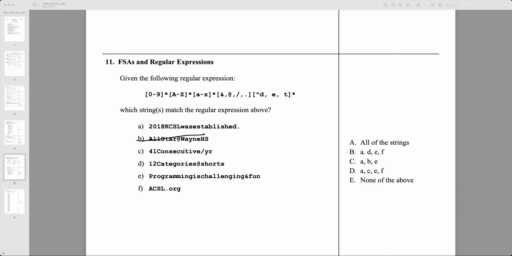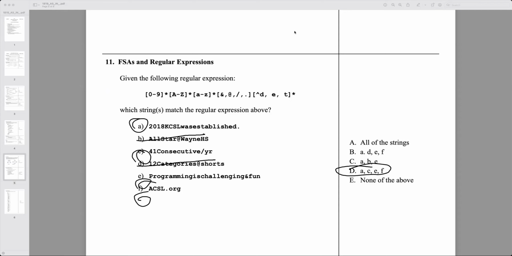Let's see if I missed anything else. We see the last letters cannot be D, E, or T. So let's see which ones have D, E, or T after the symbol. There's that one. After the symbol, there's nothing. After the symbol, there isn't anything. So the ones that work are A, C, E, F, which is going to be your answer choice D.